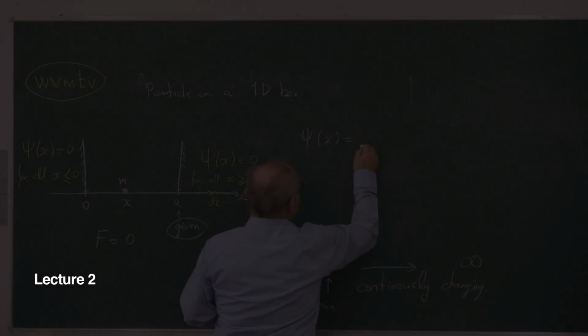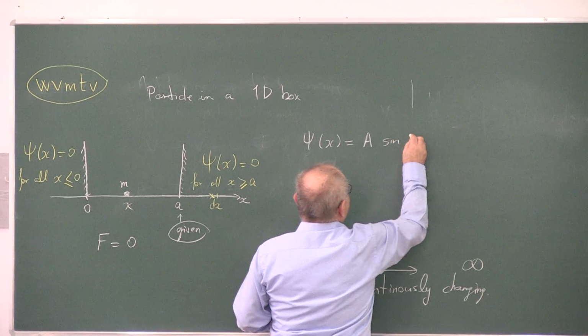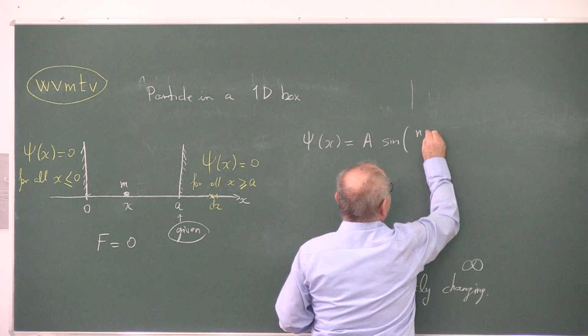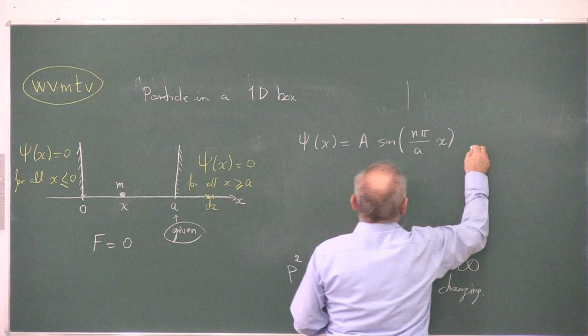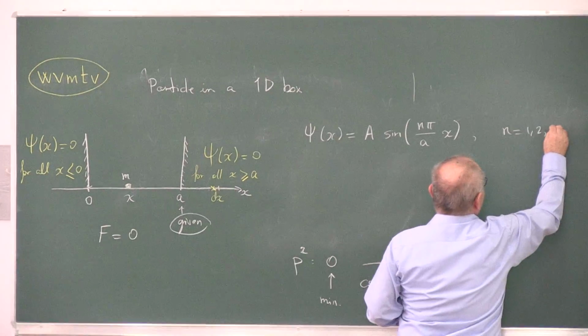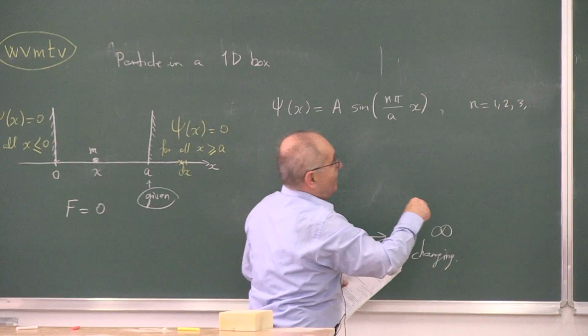Psi functions are normalization constant times sine, with k values n pi over a times x, where n is 1, 2, 3, and the energies.